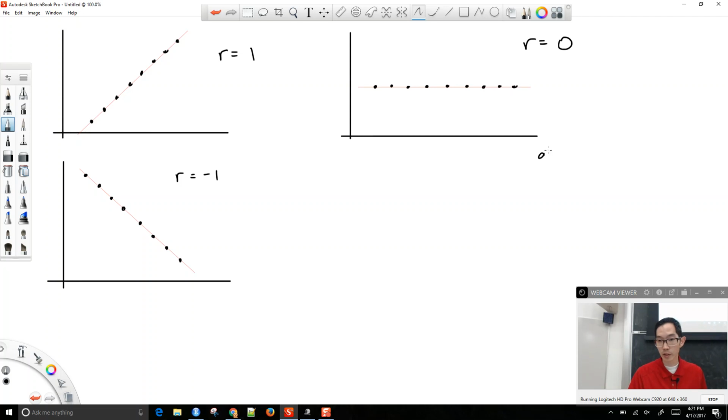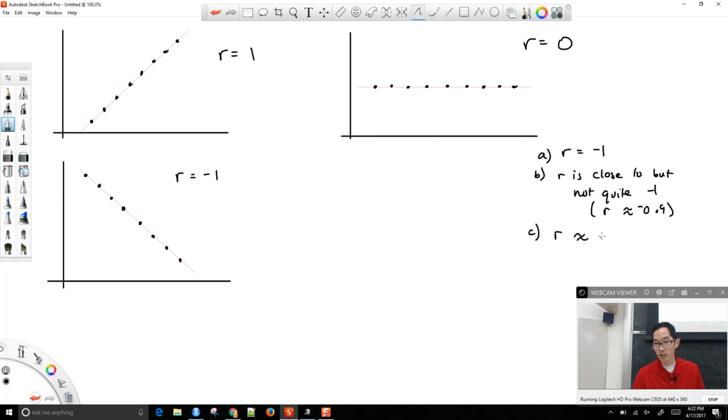Your options are: A, r is equal to negative 1; B, r is close to, but not quite, negative 1, so something like r is around negative 0.9; C, r is around negative 0.5; and D, we cannot answer.